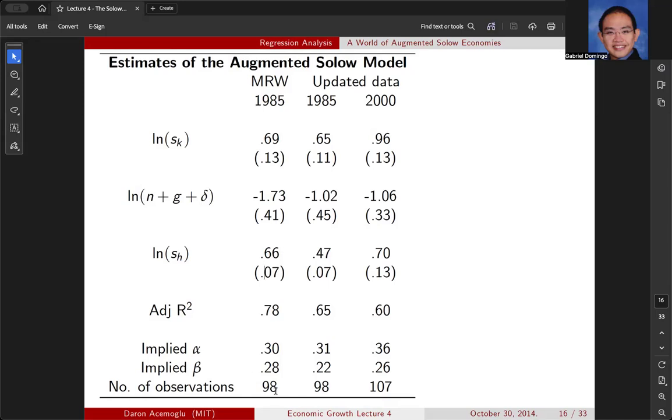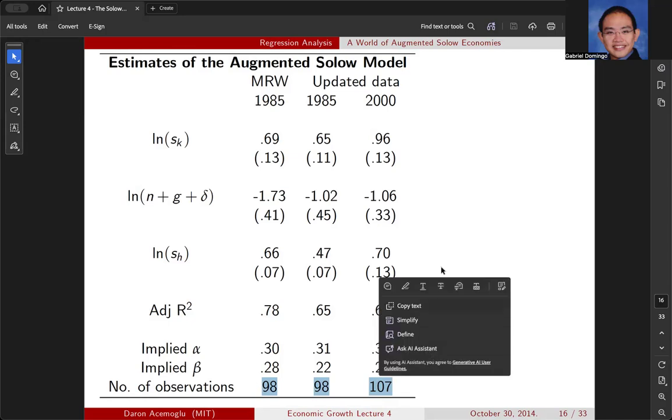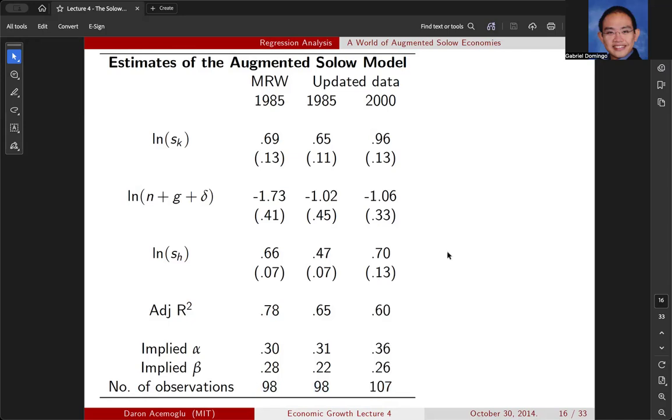Also, take note here, guys. Look at the number of observations: 98, 98, 107. So small observations, and major implications on the data are totally consistent with each other. If you have a regression with not as much data as some modern regression work, don't worry, because even important macro work will only have a few data points available.